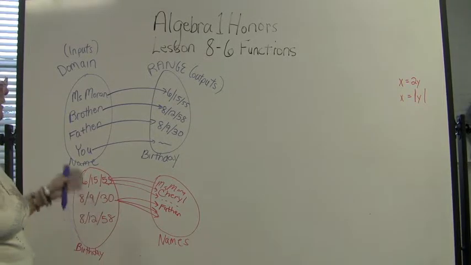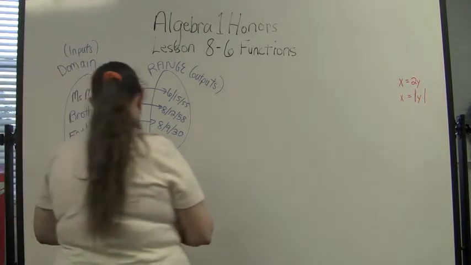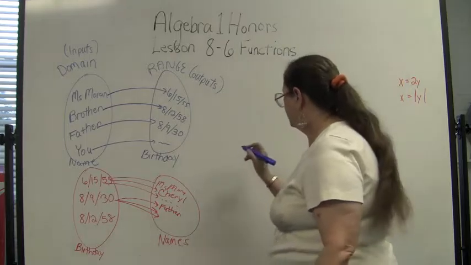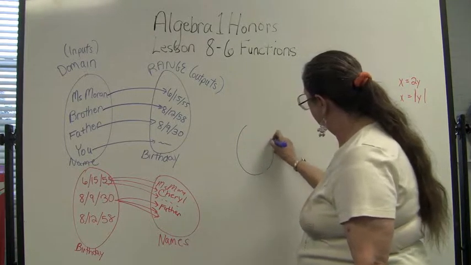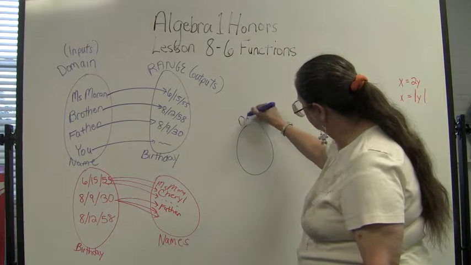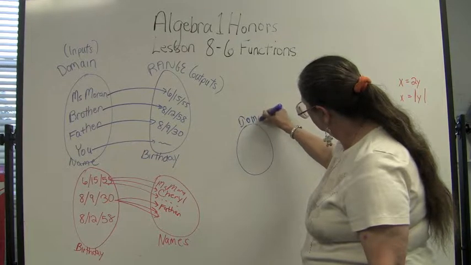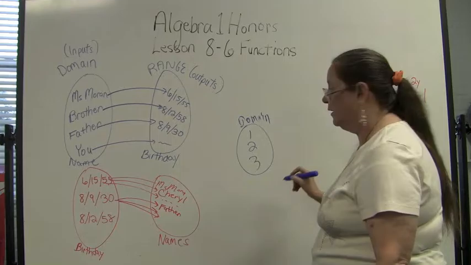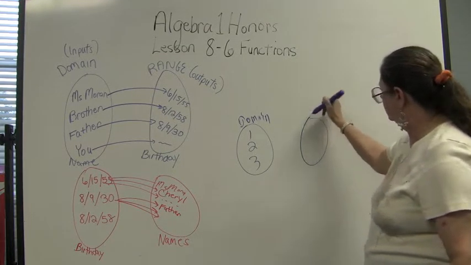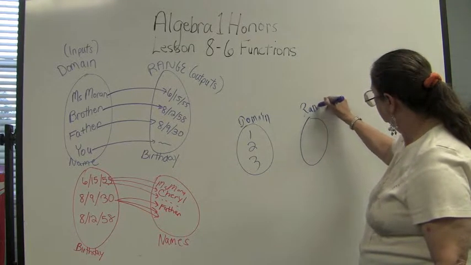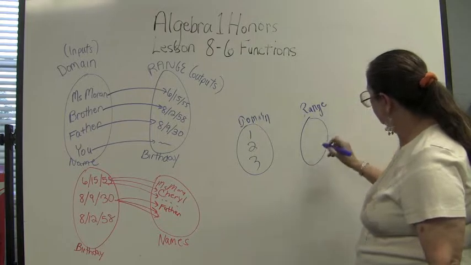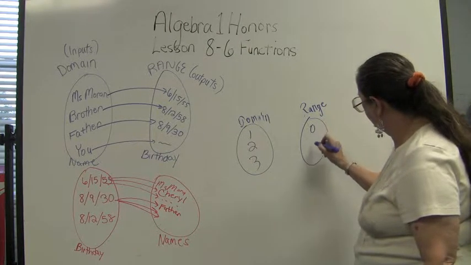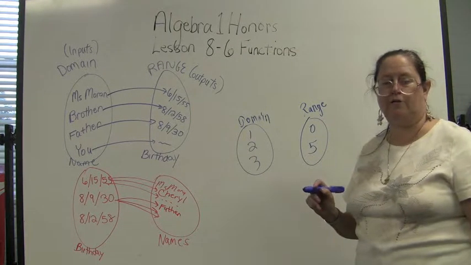Now, let me clarify one more thing, because this is one that gets people a lot of times. If you have a domain over here, like this, and let's say it's a bunch of numbers, 1, 2, 3, and so on. And over here you have a range, so it only has two values in it.